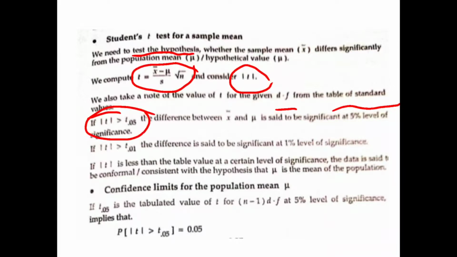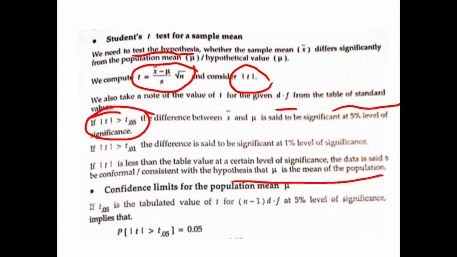That means the hypothesis that mu is the population mean will be accepted. Here also we either accept or reject only based on the critical values.